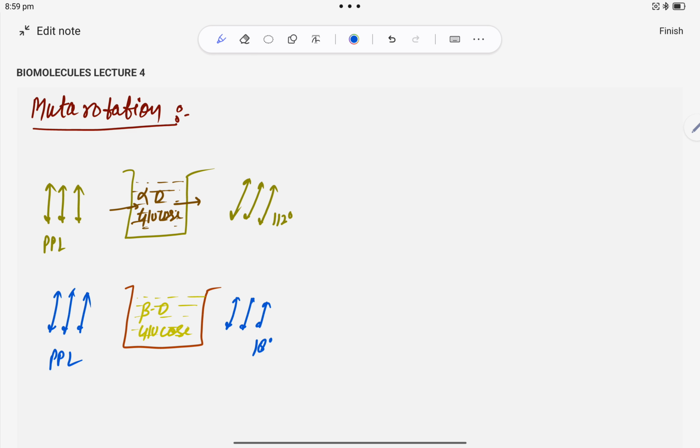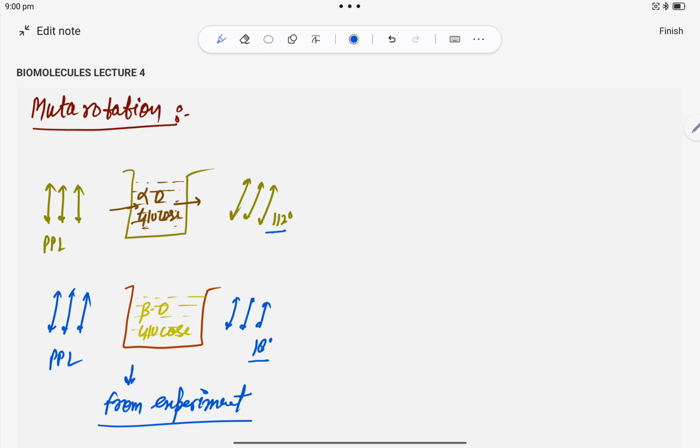Both are optically active. Already we know alpha and beta are both optically active carbohydrates. So this is how I know these 112 or 18. All this information we are getting from experiment.